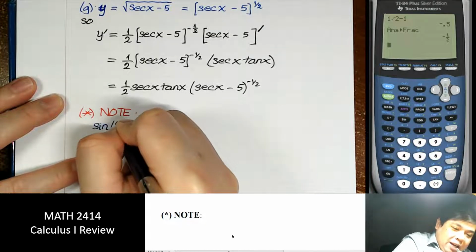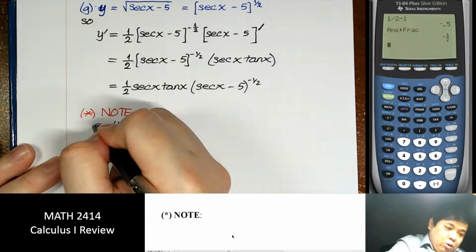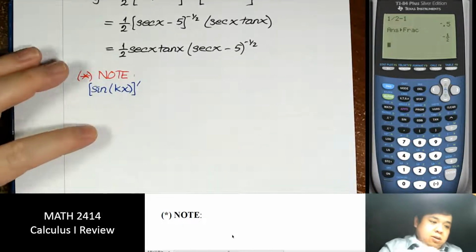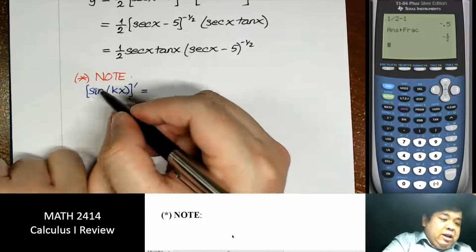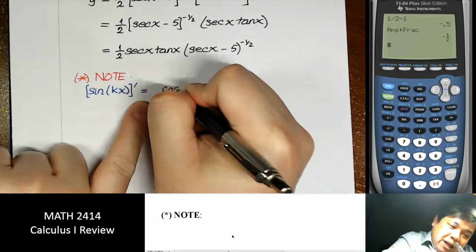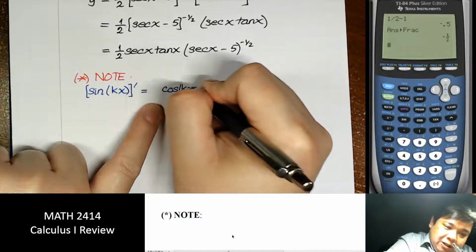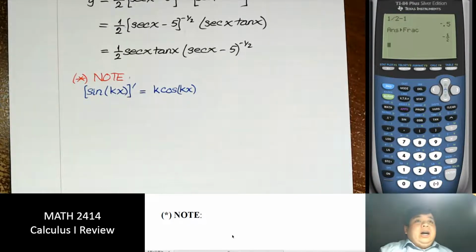When we have sine of kx, for example, and when we take the derivative of that, then that's going to be cosine of something, and then we just take cosine of kx times k. Because we're going to see this a lot, especially in chapter 8.